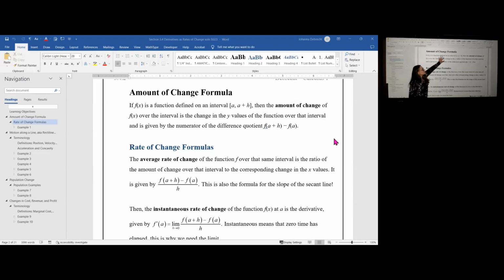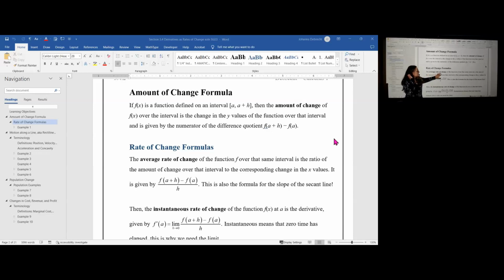If we take a function defined over an interval between some particular value, say 10, and scoot over a little bit, 10 plus a little bit, or maybe minus a little bit, it could be on either side, h could be positive or negative, then the amount of change of the function over the interval is just the change in the y values between f of a and f of a plus h. We can write f of a plus h minus f of a to represent this change in y value. It could be positive, it could be negative.